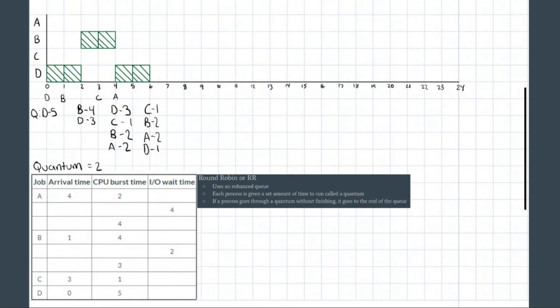Okay. So after D went, and then D was put back in the queue, B went, and so now B, C, D, and A are all in the queue.